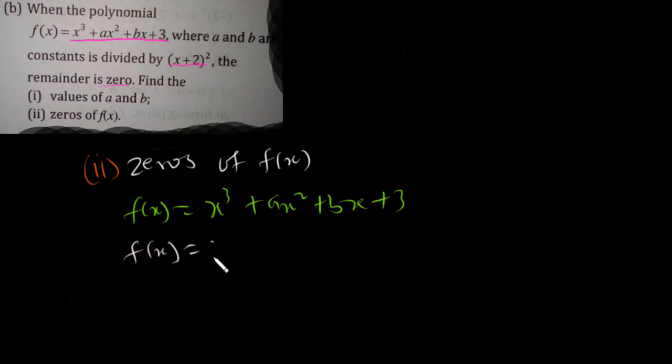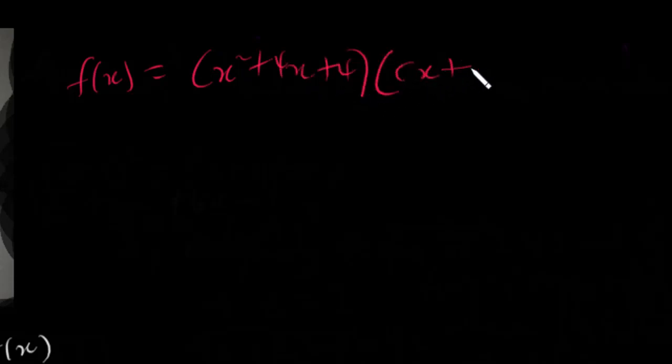So we have x cubed plus, and the a we had 19/4, and the b too we had 7. So that is the function. And if you look at the way that I solved it, I told you that f of x is expressed as x squared plus 4x plus 4, then cx plus d.